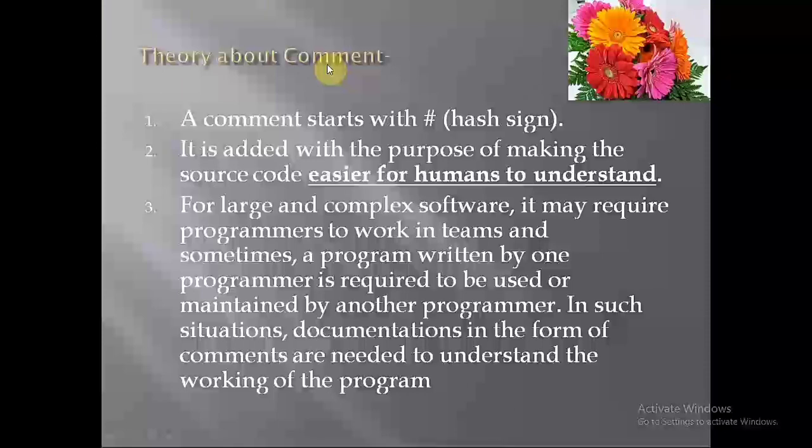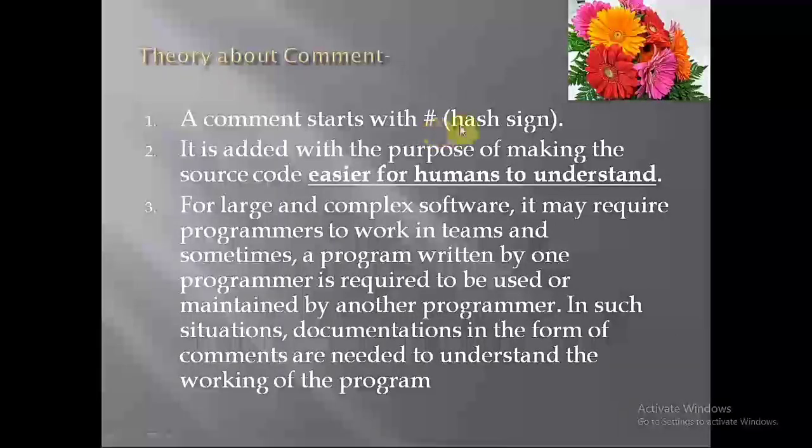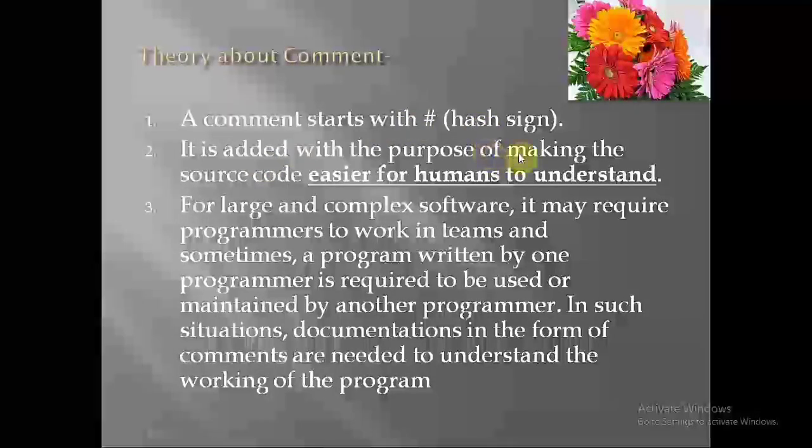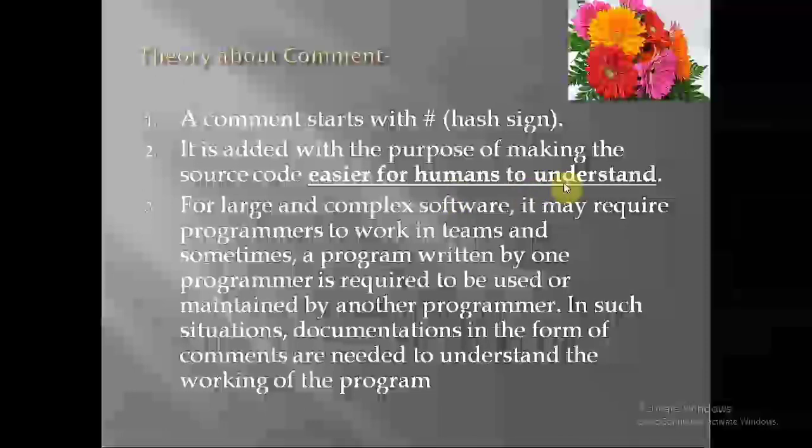Let us learn some more about comments. A comment starts with hash. The hash sign is written for a comment. It is added with the purpose of making the source code easier for humans to understand.